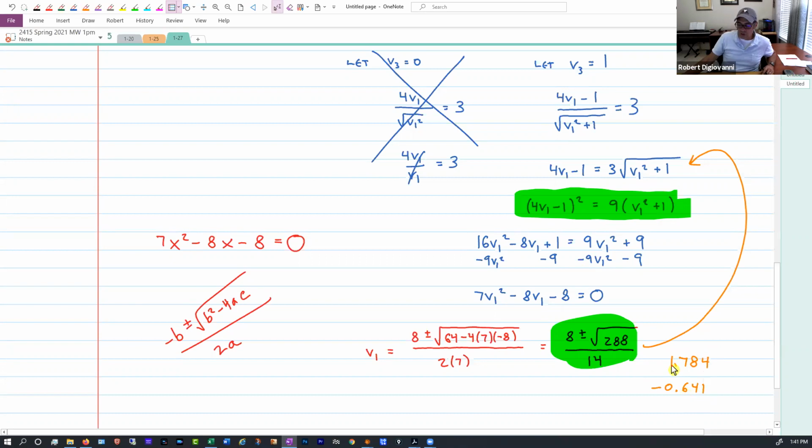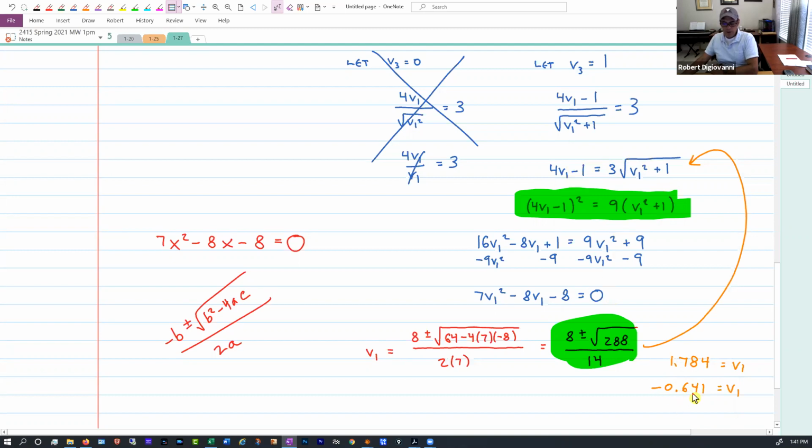These are my two potential values for V1, and I'm not sure if they are good. The way I could check is to plug 1.784 in here, square it, add 1, take the square root, multiply times 3, and make sure I get the same thing here. Make sure it's equal. And if I'm not mistaken, I don't think they both work.